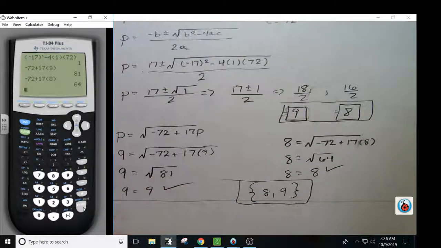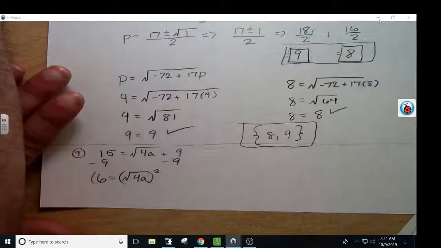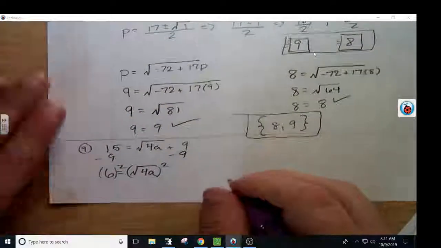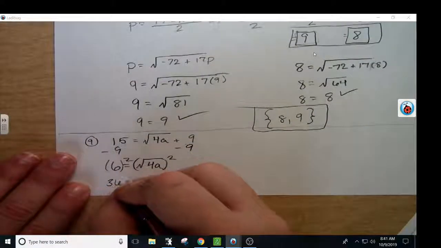That's 3, yes. Square both sides. All right, now that's going to be 36 equals 4a.